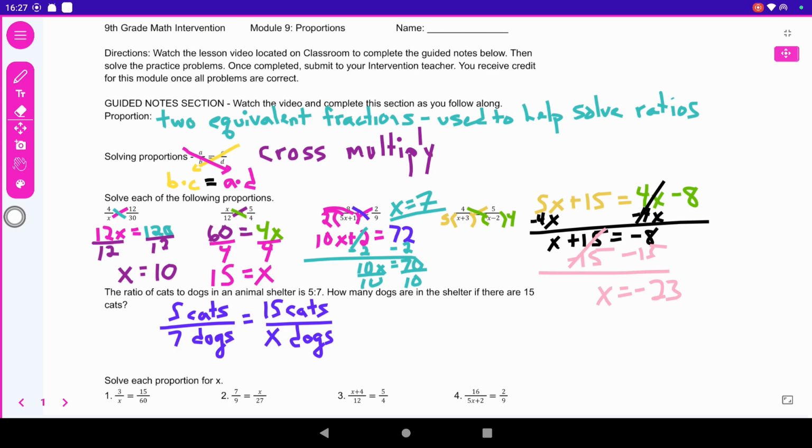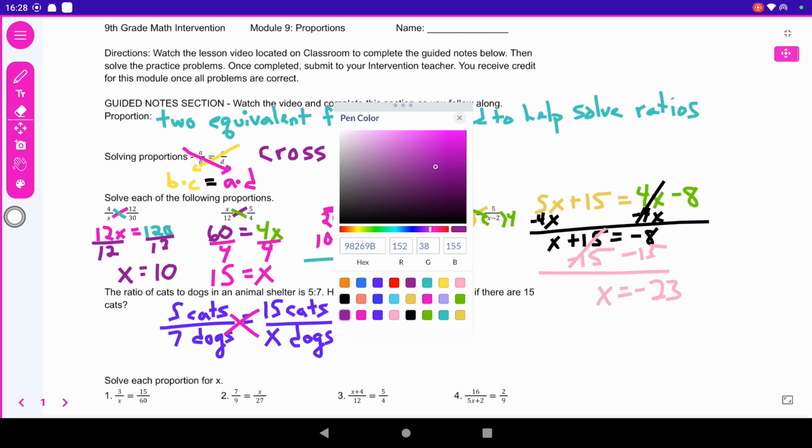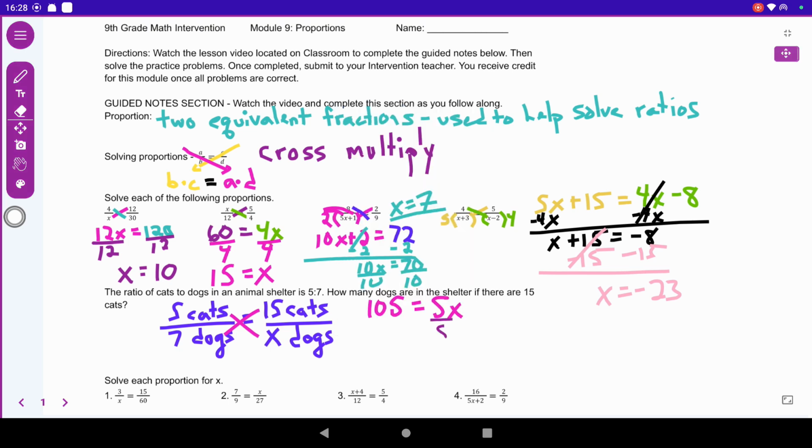And so now we're going to cross multiply. So 15 times 7, which is 105. And then we're going to go 5 times x, so 5x. And then we're going to solve this to find the number of dogs. So divide by 5, divide by 5. We get 21 equals x.